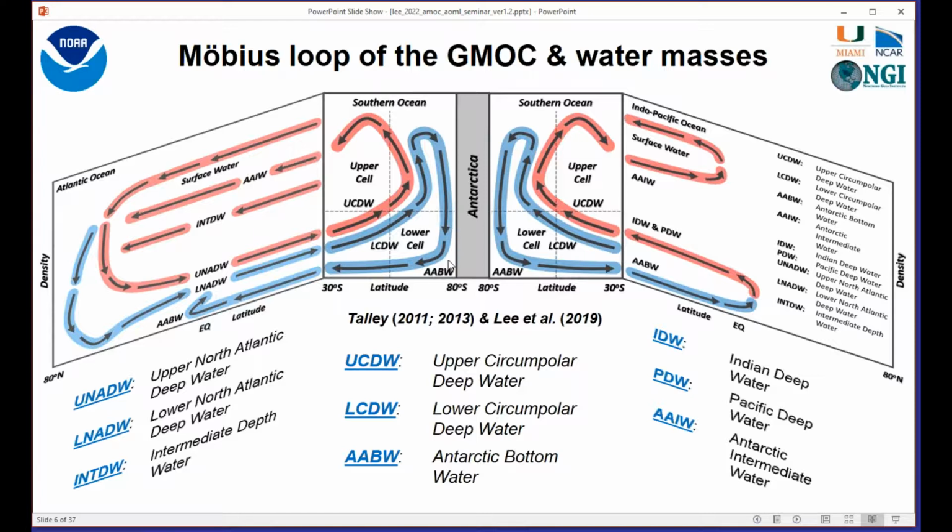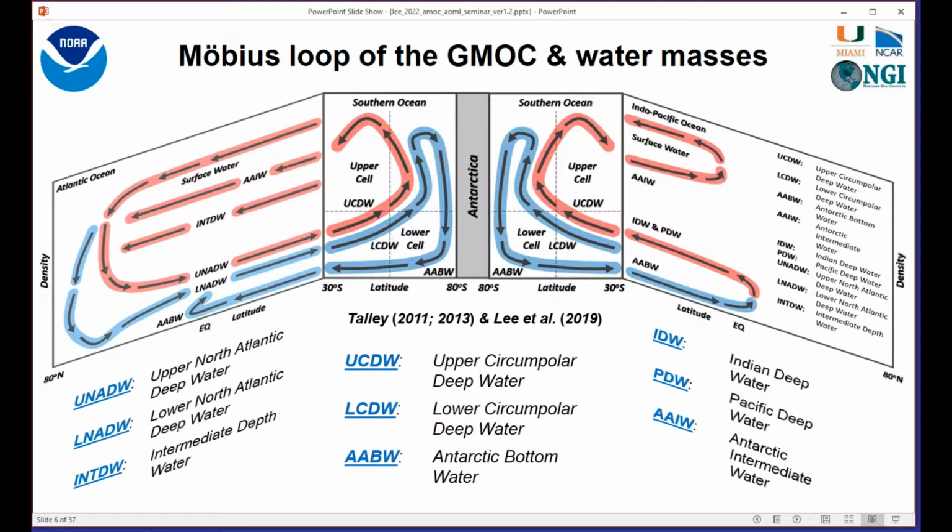So you have this very cold, dense Antarctic bottom water formed. You have this upper cell, you have the lower cell. This red is the upper cell, and this blue is the lower cell, but they're all interconnected. It's really difficult to separate them. So there you go, that's GMOC 101.